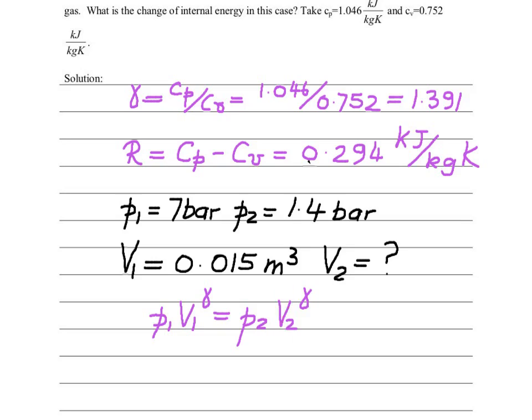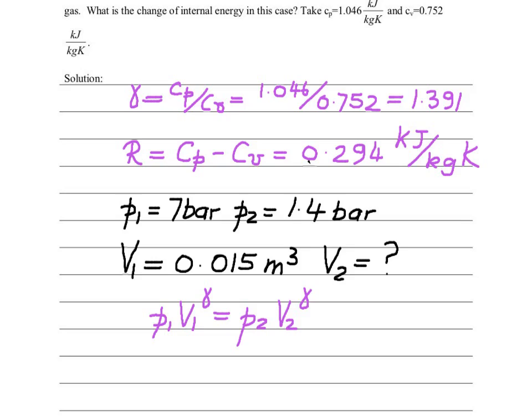So we continue with our solution, and what we have now is V2. We bring all the volume terms and the pressure terms we know to one side, and the volume V2 is required.